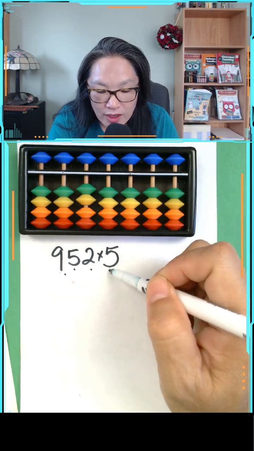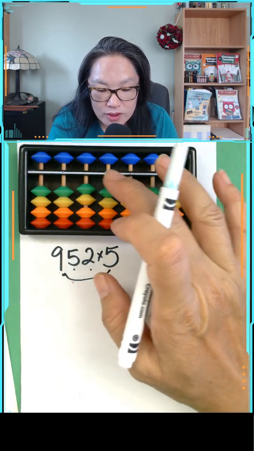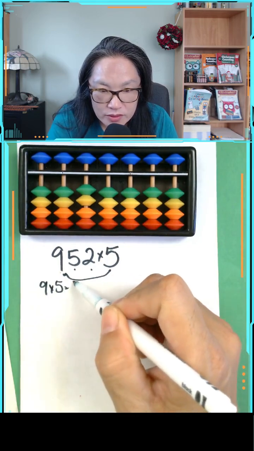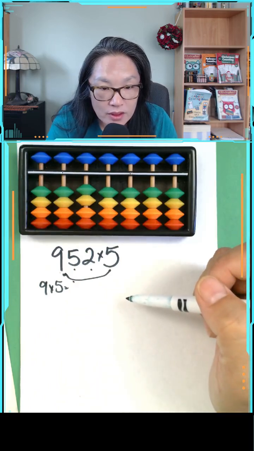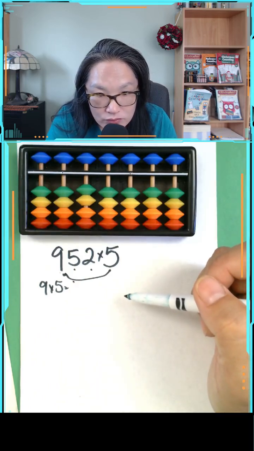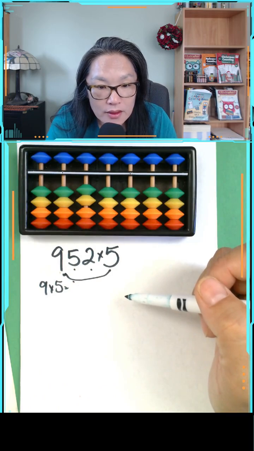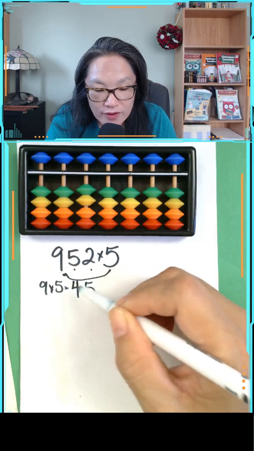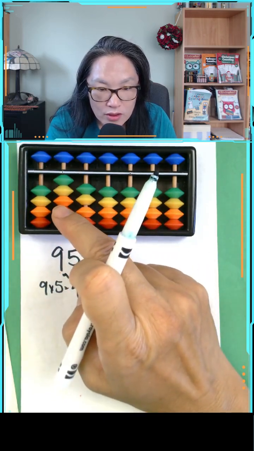So we do 5 times 9. What's 5 times 9? It is 45. So you add the 4, you add the 5.